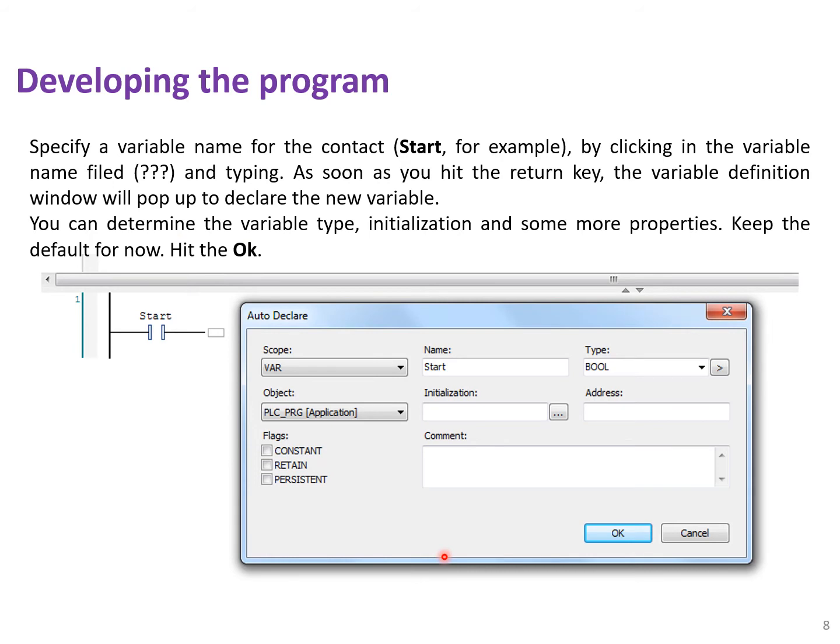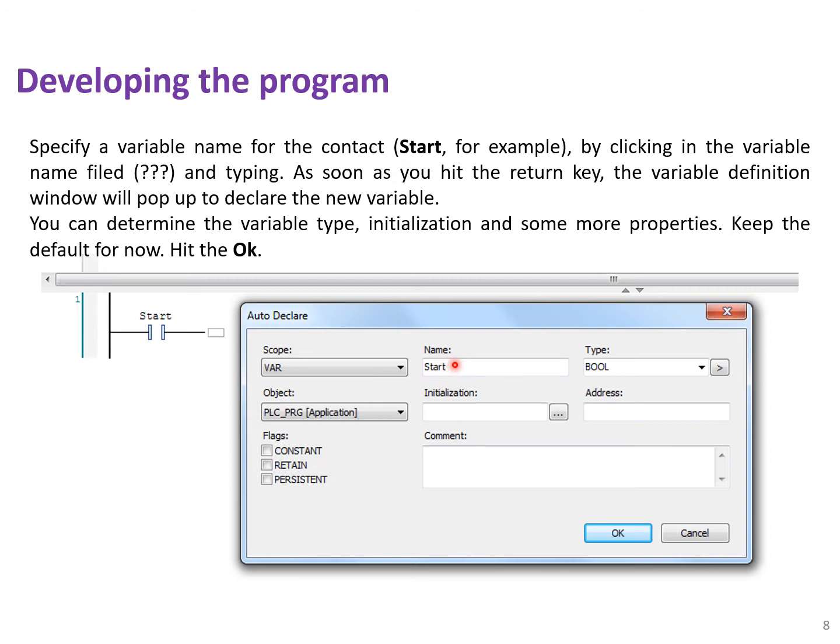Okay, so when you place the contact, this auto declare window will pop up, and you will see that on your screen. Here you could choose the type of the variable, and you could name your variable. So just name it start.